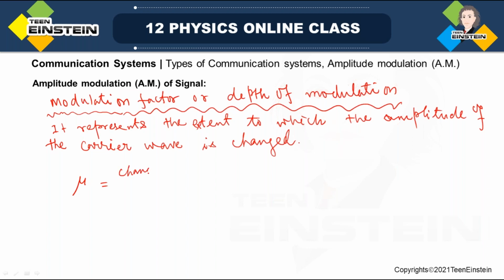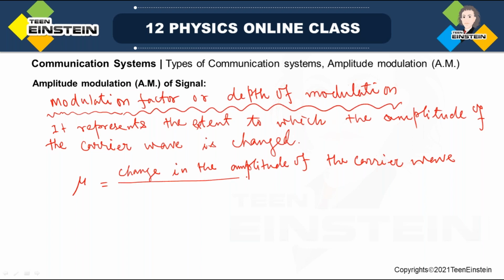This is the ratio of change in the amplitude of the carrier wave to the amplitude of the original carrier wave.